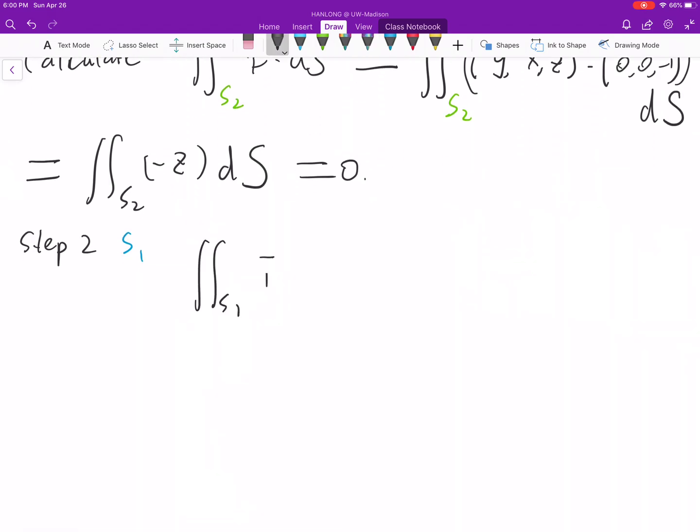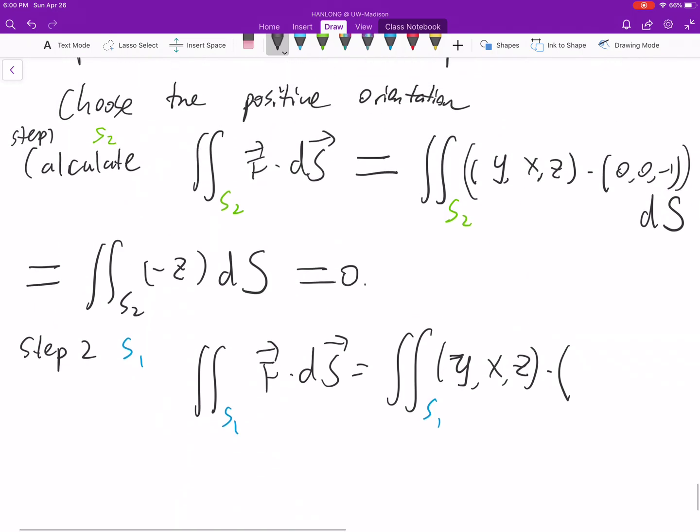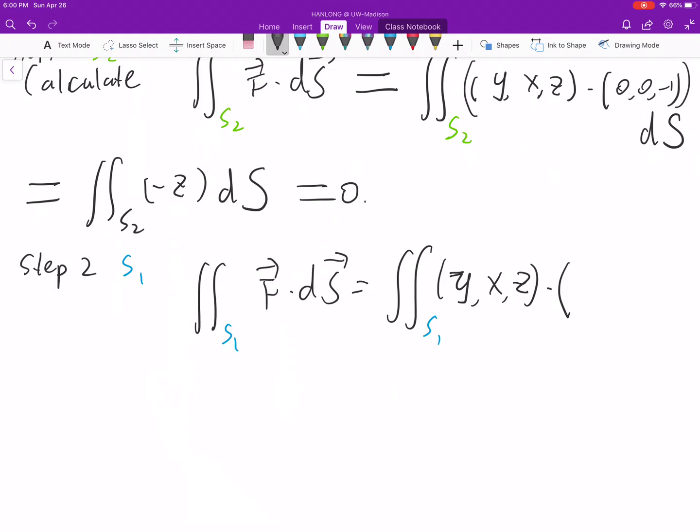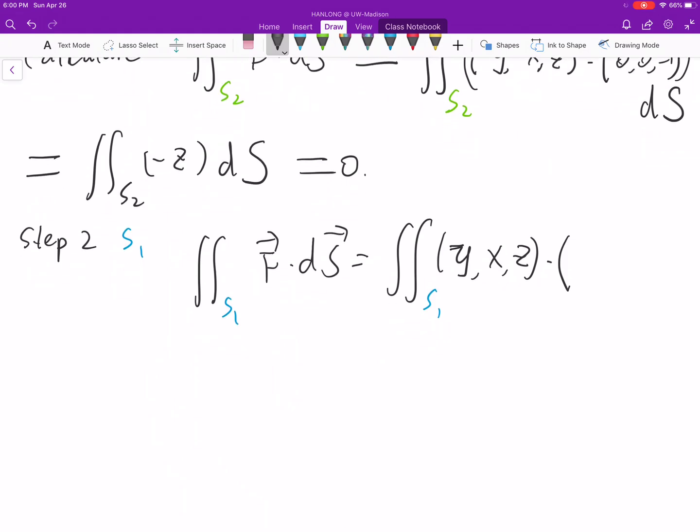And then step 2, let's calculate the integral on S1. So the integral over S1 of f dot dS is given by f, which is y, x, z, dot the normal vector.